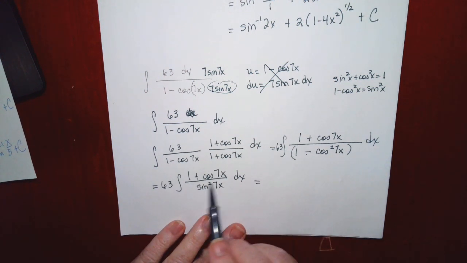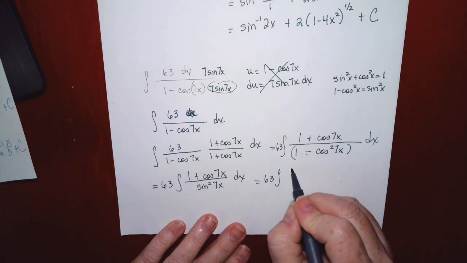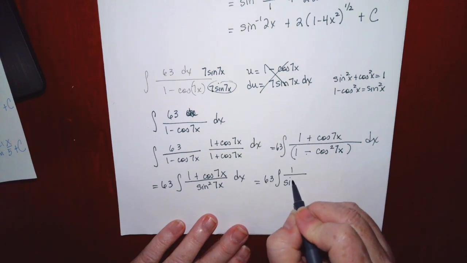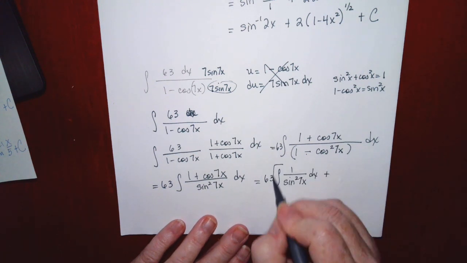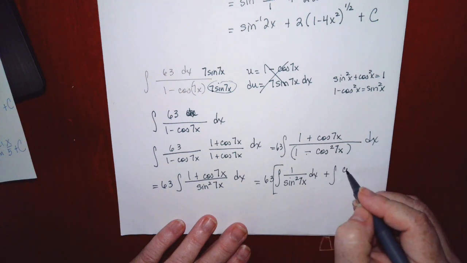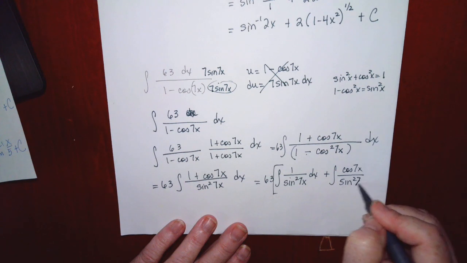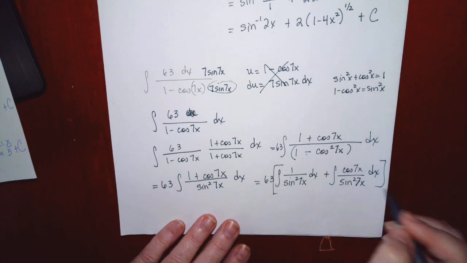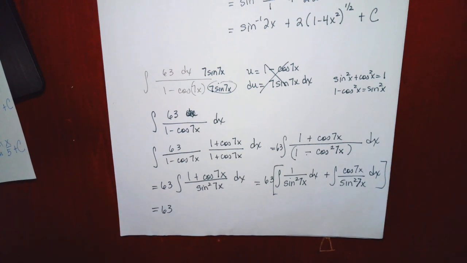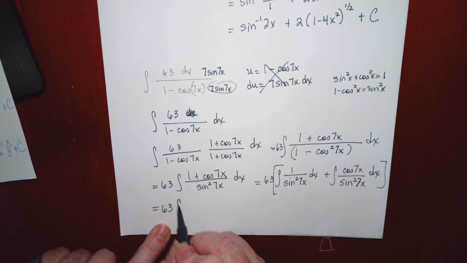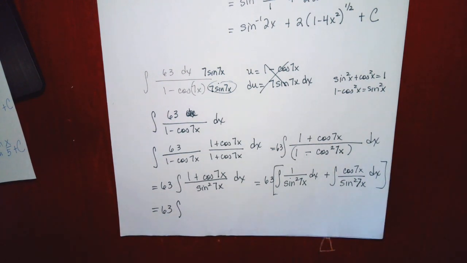Now, I'm still going to need to break this apart. That would be the 63 times the integral of 1 over sine squared 7x dx plus the integral of cosine of 7x over sine squared 7x dx. So we have 63 times the integral of, what is another way you can say 1 divided by sine squared?